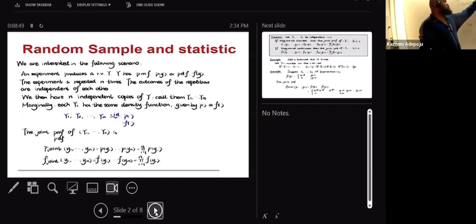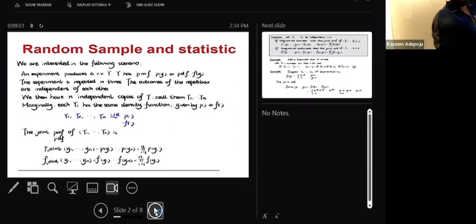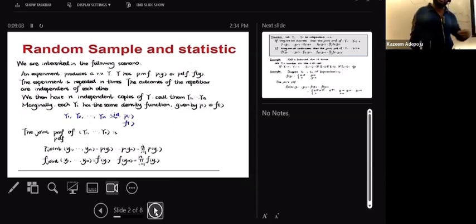The way we choose this sample matters a lot. If I want to choose a sample from the population, then I'm going to use what I call the principle of randomization. That is why you can see in the title, random sample. Which means we give equal chance, equal probability, to every element in the population.